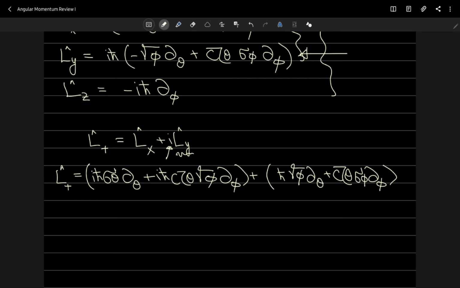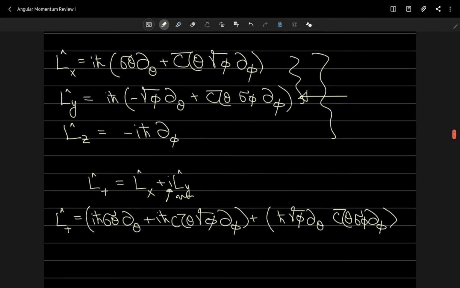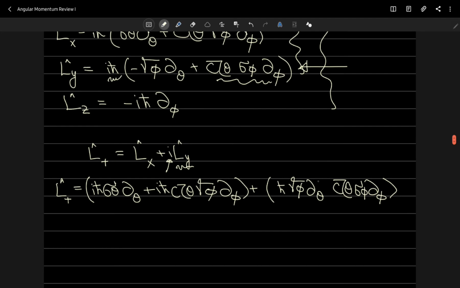And in fact, what I missed over here was when I was writing this, this iota h bar also had to be multiplied with this thing when I open and write it. So I should have plus iota h bar over here.